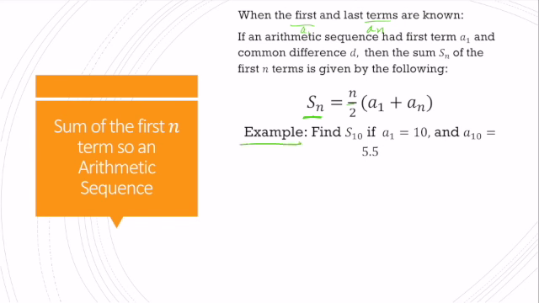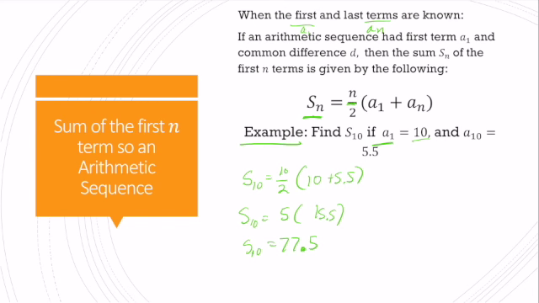I can find the sum of the first 10 numbers by taking n over 2, so 10 divided by 2, times a sub 1, which is 10, and a sub 10, which is 5.5. Okay, so I have s sub 10 equals 5 times 15.5, which gives me 77.5. So the sum of the first 10 terms of this sequence is going to be 77.5.